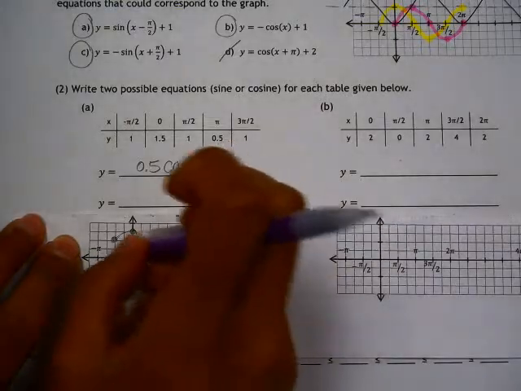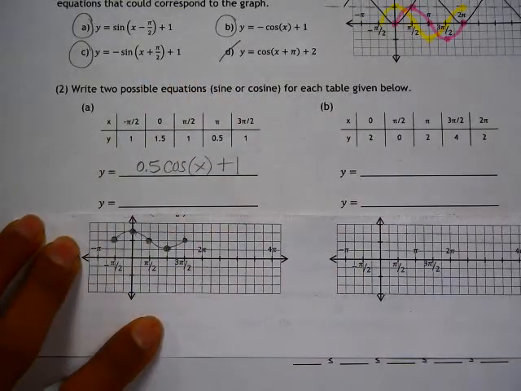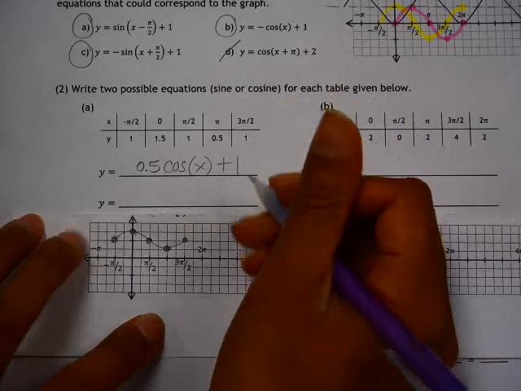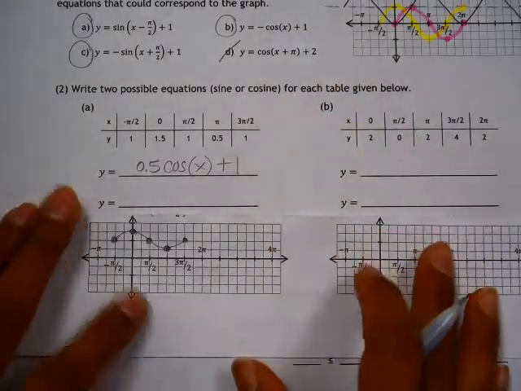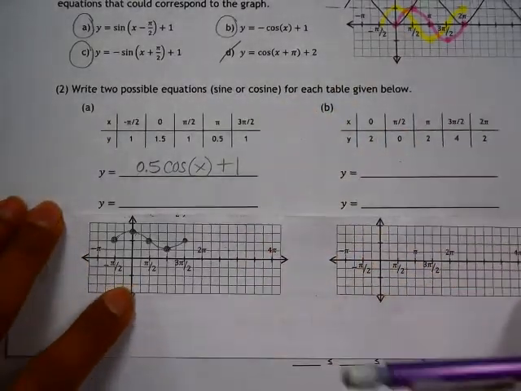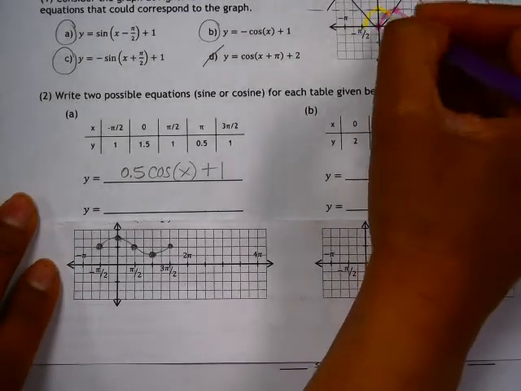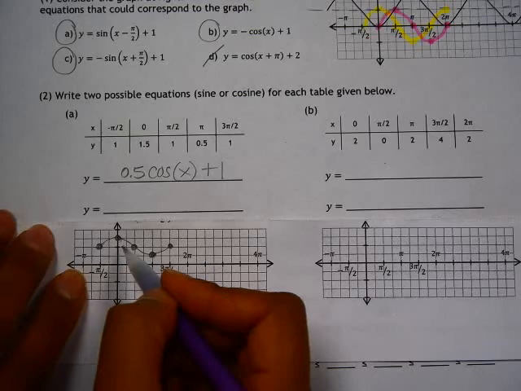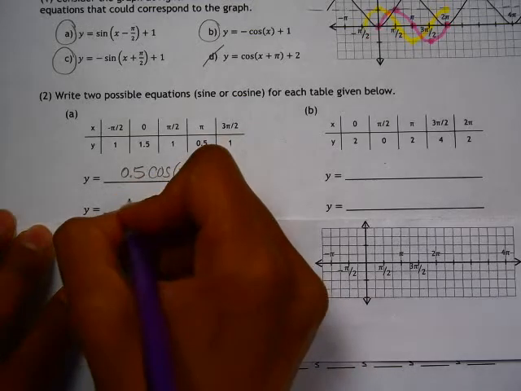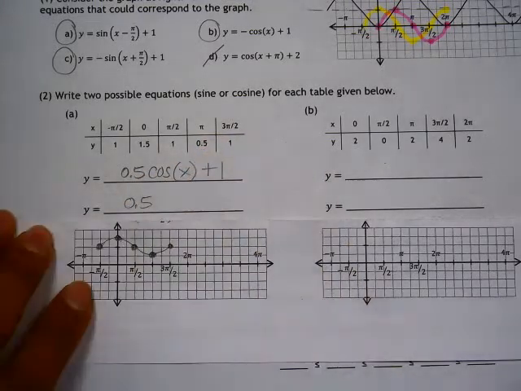Now if I look at the same graph and I want to write another equation, you could write another cosine equation. I'm going to write a sine equation just to show what that could look like. Compared to the original y equals sine x graph, this graph again has a smaller amplitude, so 1/2 is the amplitude.